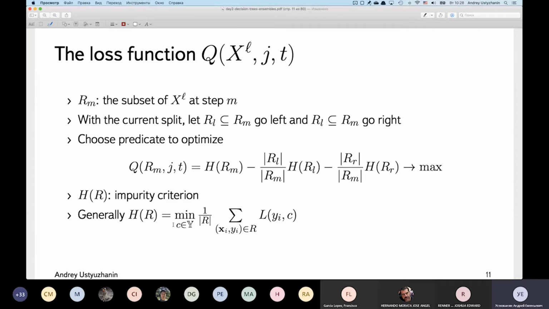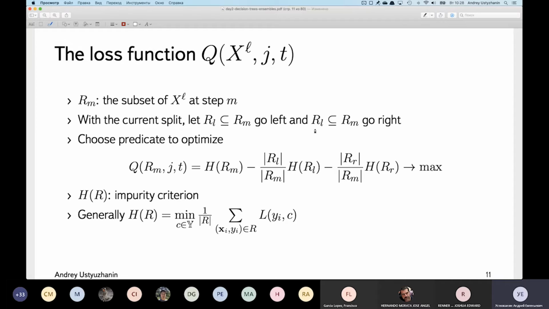So let's take a look at the loss function example. Imagine we have a subset at the m-th step, the subset Rm. Remember, we split our initial data set into two subsets. With the current split, we have RL, which corresponds to the left.